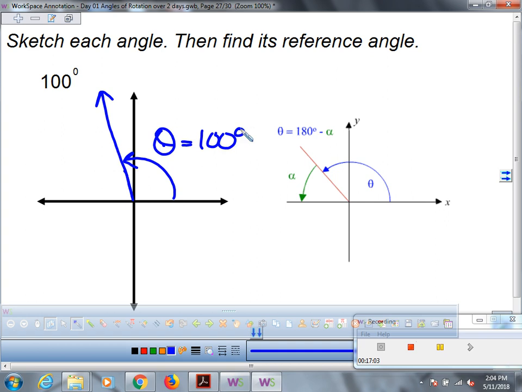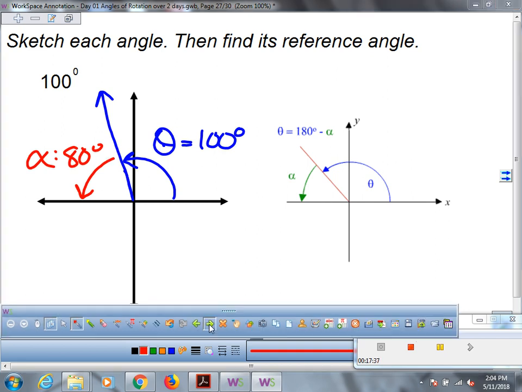What is the shortest distance back to the x-axis? It's right here. So this is alpha, and since it was 10 degrees here, this must be 80 degrees.